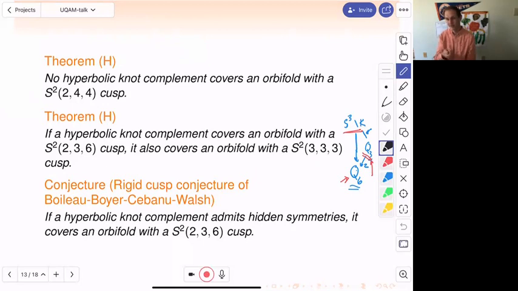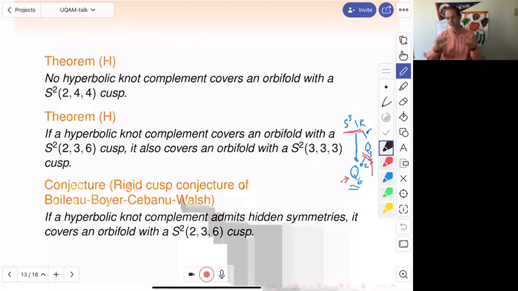Basically both of these theorems are established by just finding the right twofold covers of something with a 244 cusp or something with a 236 cusp.